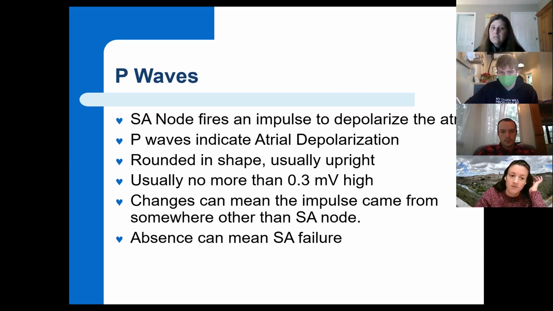Typically we're going to see it nice, rounded, upright, and it's not going to be huge. Most times you're going to see that it's smaller than the T wave, okay? Now, an absence can mean that the SA node has failed. And we've already talked about our AV node being our backup pacemaker. So we're going to look at that again as we continue on and look at some strips.